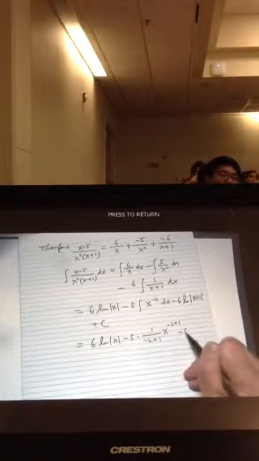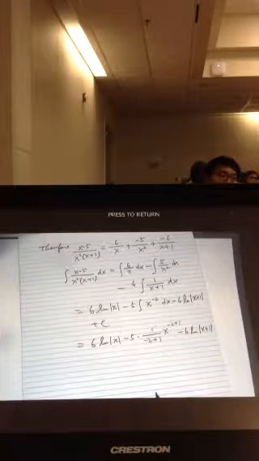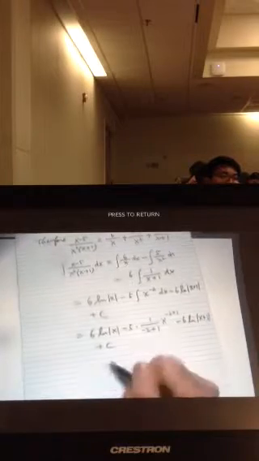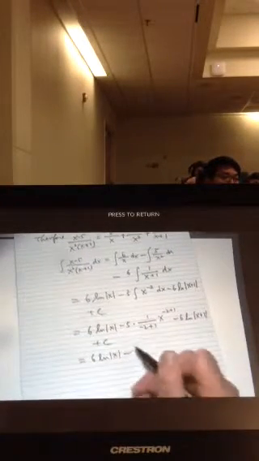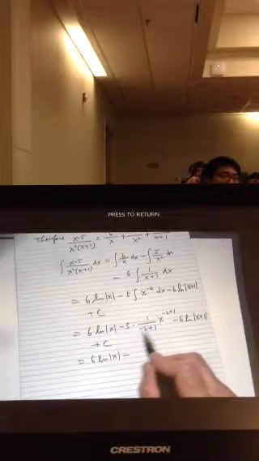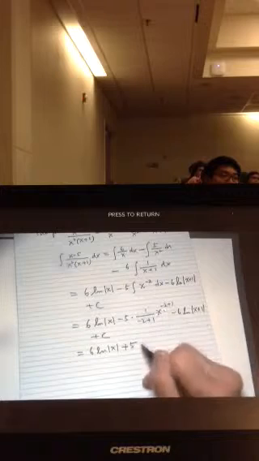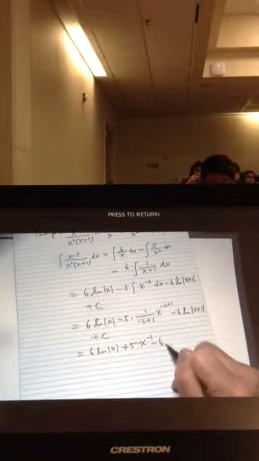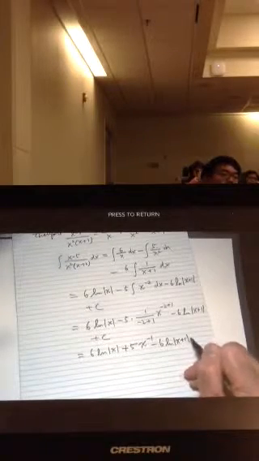And minus 6 natural log of absolute value of x plus 1 plus C. So this is, okay? And this one will be minus 1, or 5, x to the minus 1. Minus 6 natural log of absolute value of x plus 1, plus C.